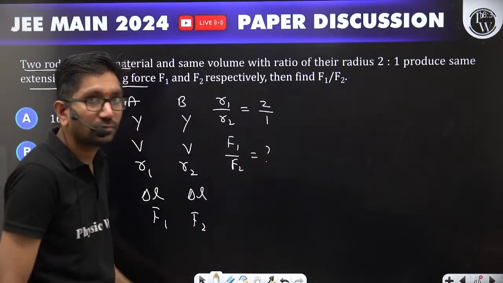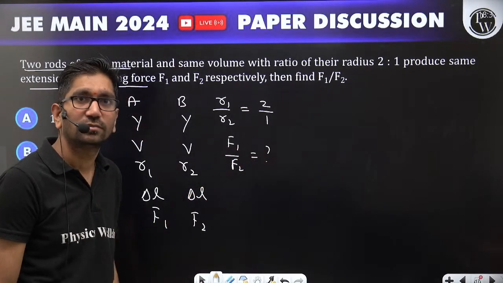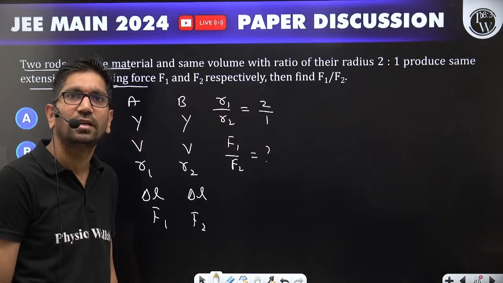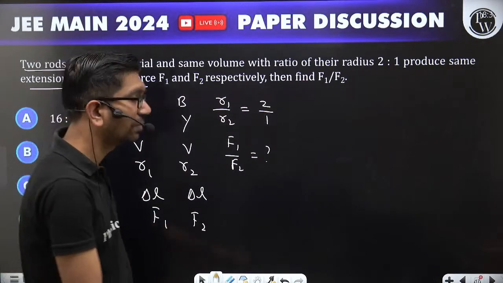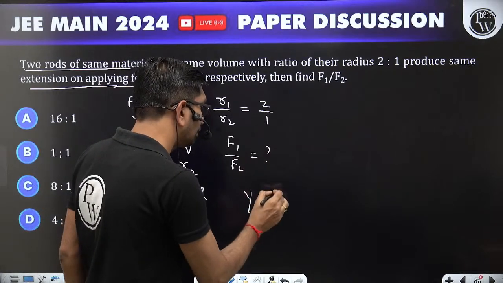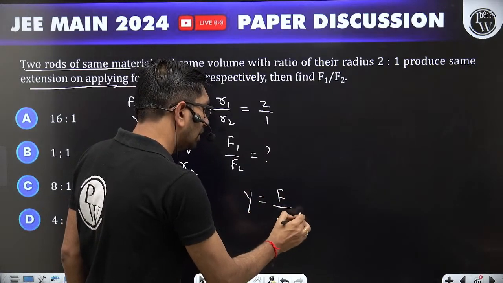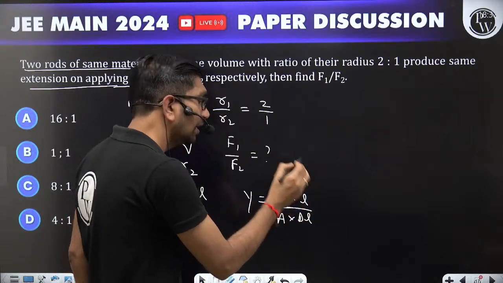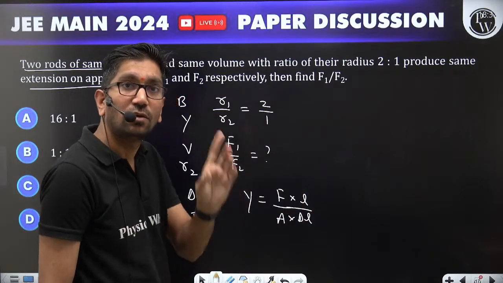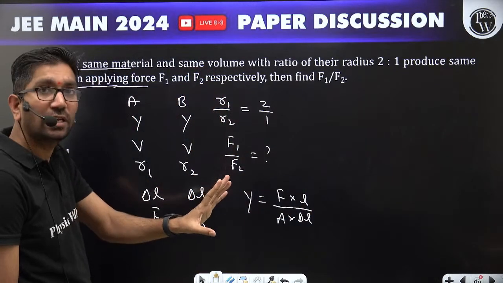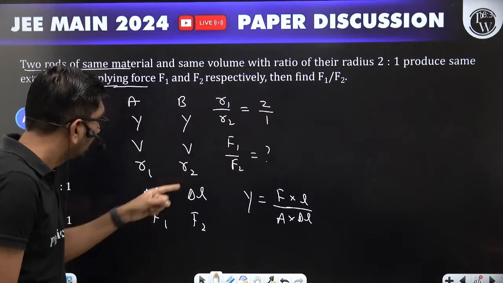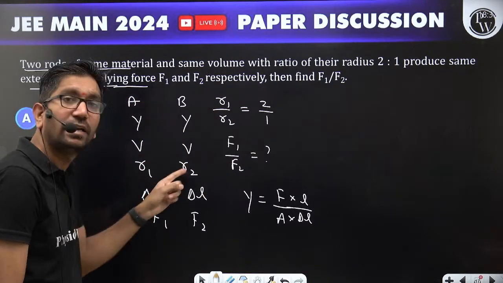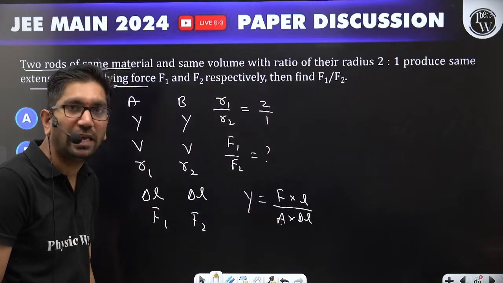Is it clear? Very simple question. You have to remember the Young's modulus formula. What is that? F by A into delta L by L. Now observe carefully. Here he gave the radius, which means he gave the area.